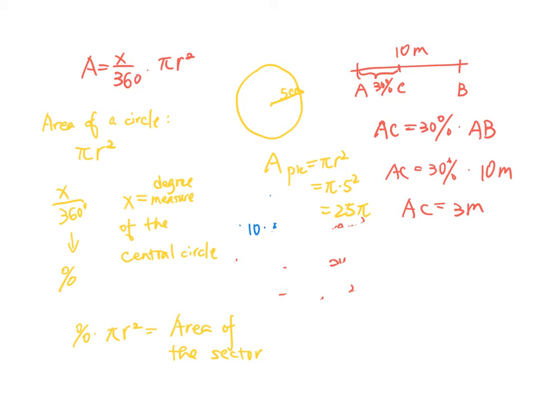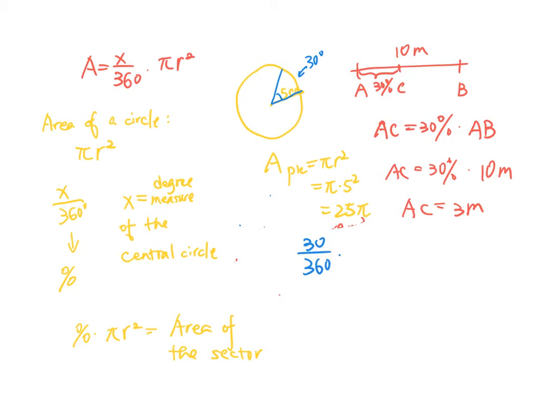Now, if I take out this slice here, and I tell you this arc is, let's say, 30 degrees, since I know the whole thing is 360, all I need to do is use 30 divided by 360.